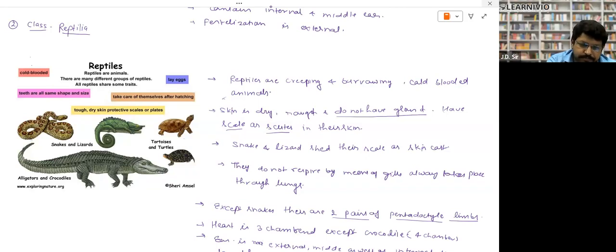Full stop. They have scales, or scutes, in their skin. Scutes means scale-like structures, as you can see in the skin of a crocodile. They have scales or scutes in their skin.